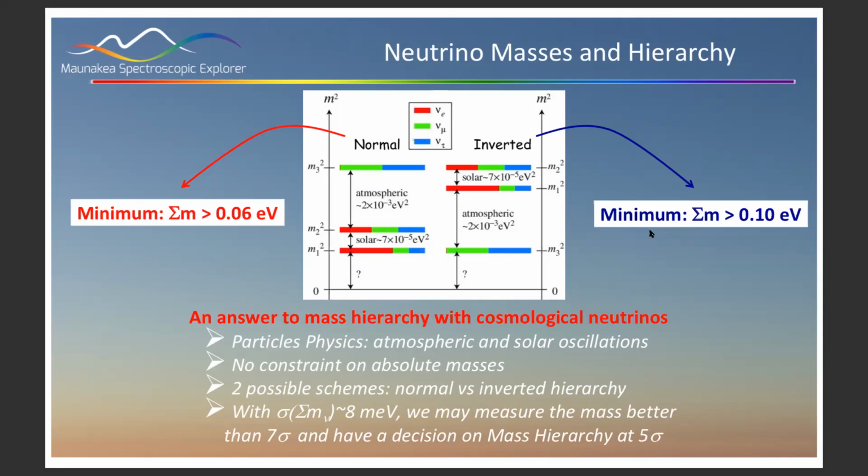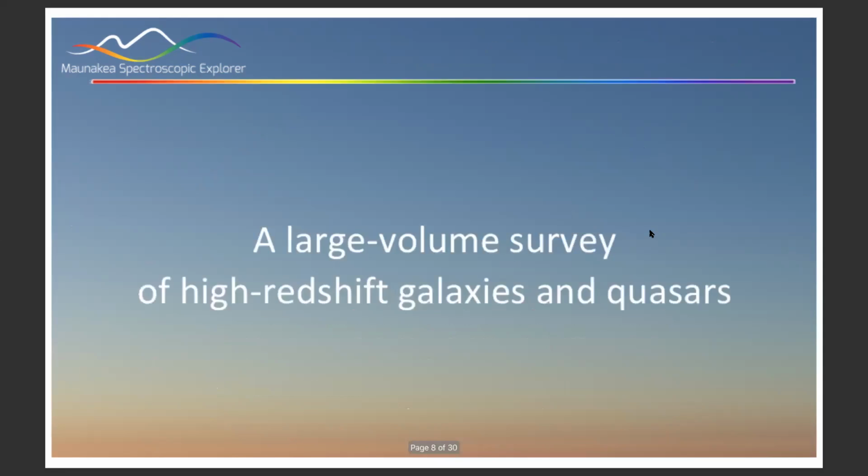So this is really the plan for this kind of project: the measurement of the neutrino mass, the measurement of FNL, so this means the test of the inflation, and also the study of the dark energy.